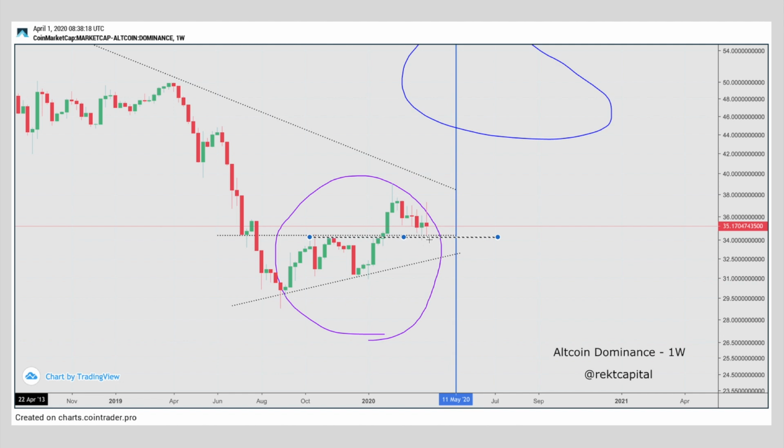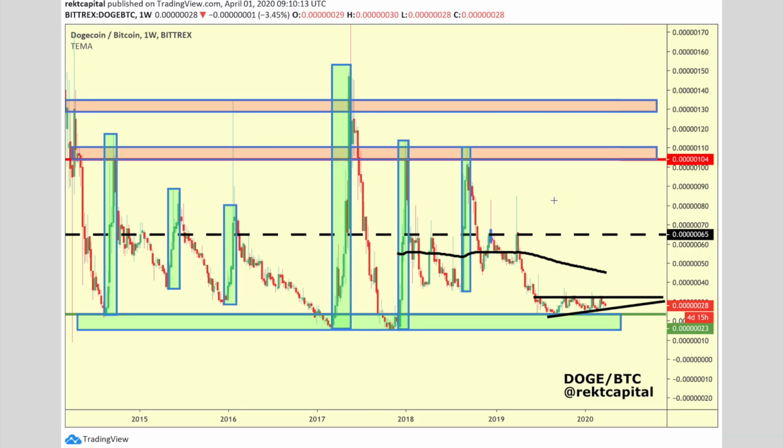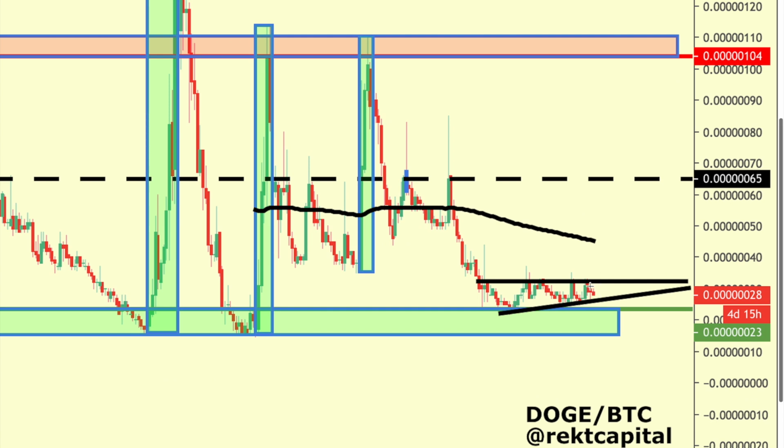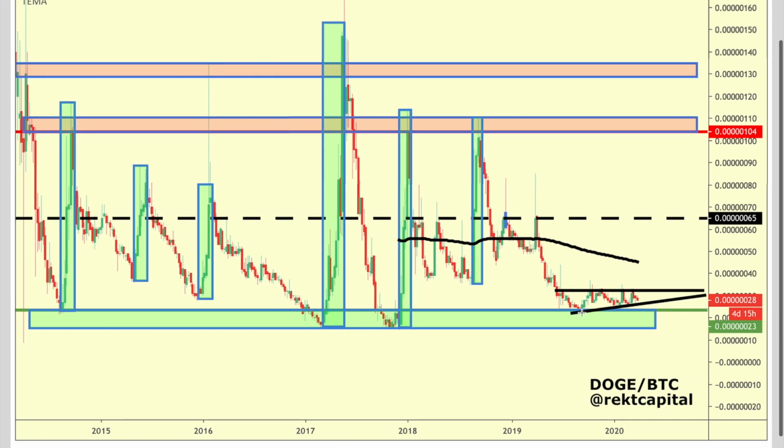So altcoins do hold a promising future, most likely after the halving. And of course, Dogecoin over here, the ascending triangle, we are probably going to see a pullback towards the higher low right over here, but we are still seeing that Dogecoin is respecting its market structure, which is very positive for altcoins. So far, so good for altcoins as we approach the halving.